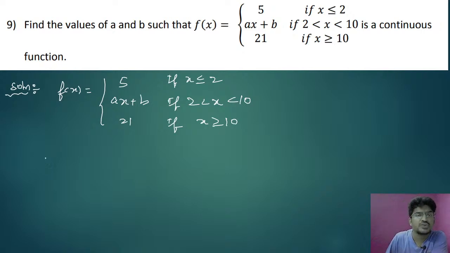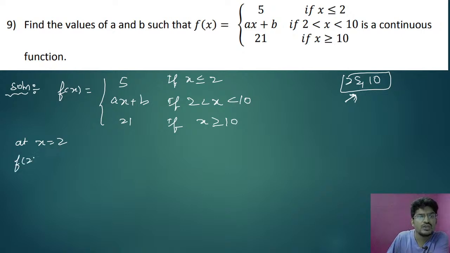Okay. So now here you have 2 points, 2 and 10. For both the points you have to check continuity. Please understand this. Here you have 2 points. For both the points you have to check continuity. They have already given that it is a continuous function. That's why directly I will take this as at x equal to 2 it is continuous. Therefore f of 2, see this, at x equal to 2 it is 5.